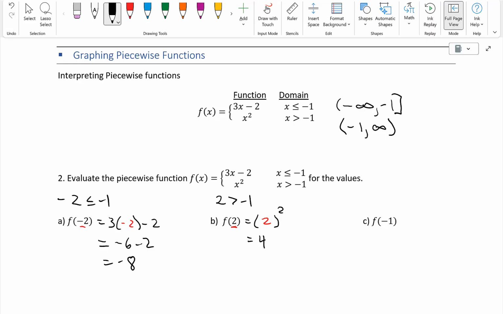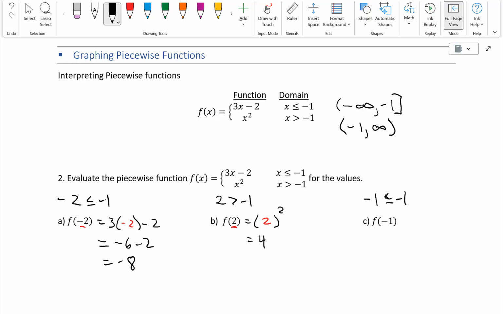And for the last one, this is where that strict inequality really comes into play. We're looking at -1. When we graph piecewise, I'll talk about maybe two ways, and maybe I'll show both down there. But we really want to think about where the domain is broken. So -1 here is less than or equal to -1 because that's our equality.